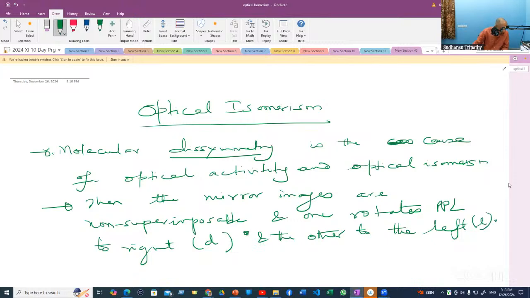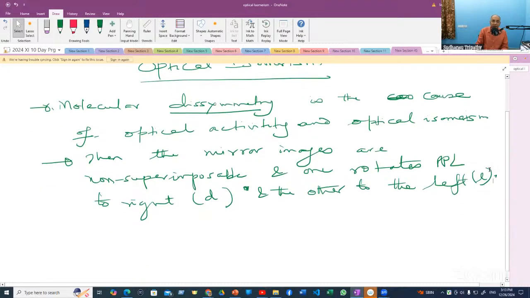Now my question to you is, what are the factors responsible to make a molecule dissymmetric?